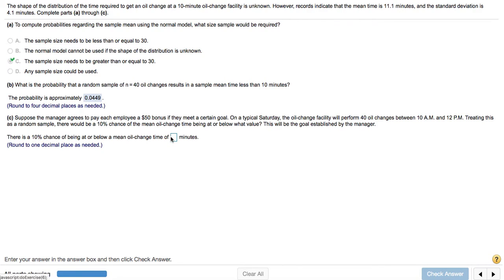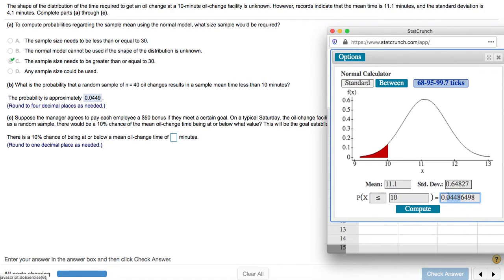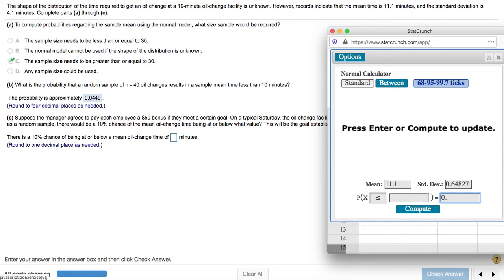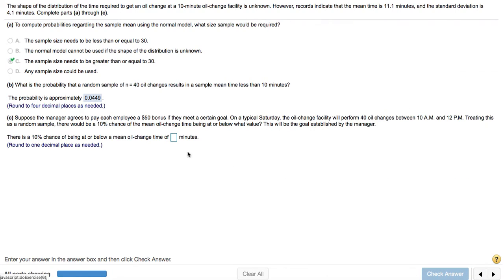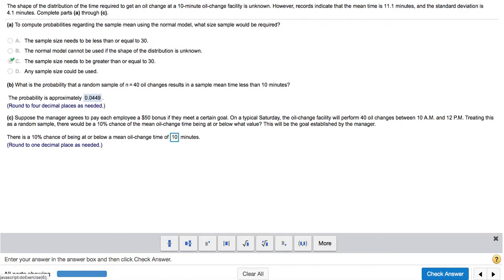And we want it to correspond to a mean time in minutes. So I perceive this problem as, instead of putting in the time to get the probability, I'm going to enter in the probability of 0.1, which is 10%, to get this time here of, if I round, 10.3 minutes. So I'll put in 10.3.